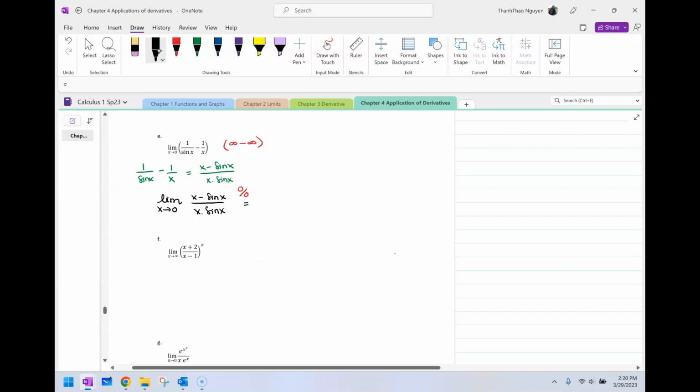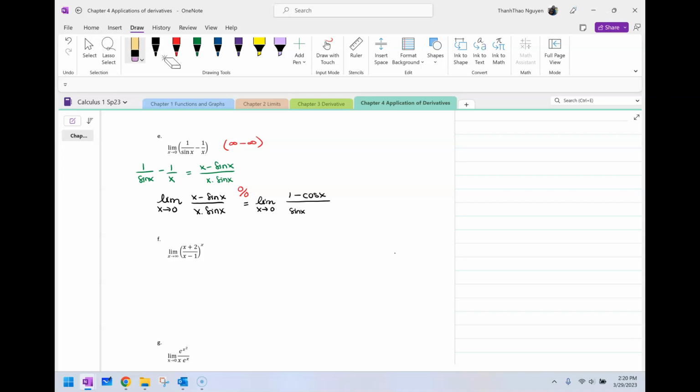We can apply the L'Hospital rule here to get the limit as x approaches 0 of 1 minus cosine of x divided by sine of x plus x times cosine of x. Note that we are still at the indeterminate form of 0 over 0 here.